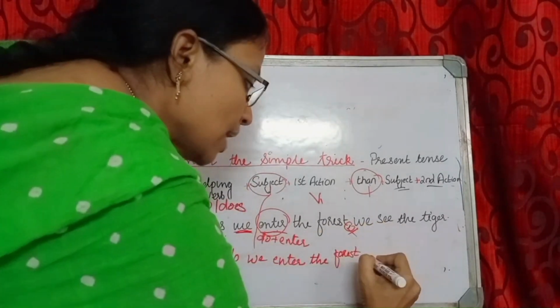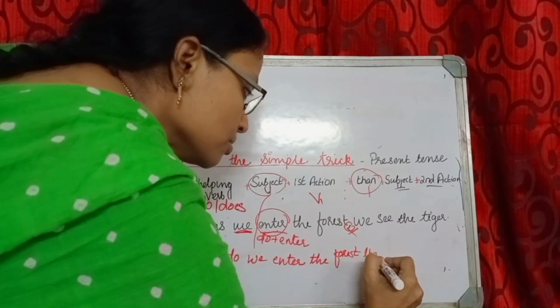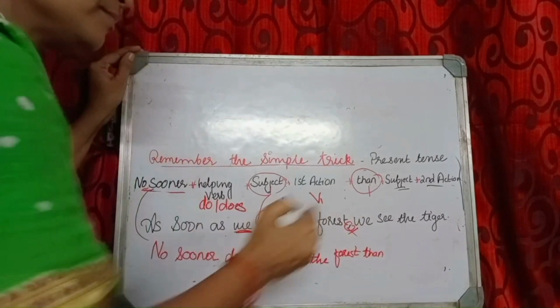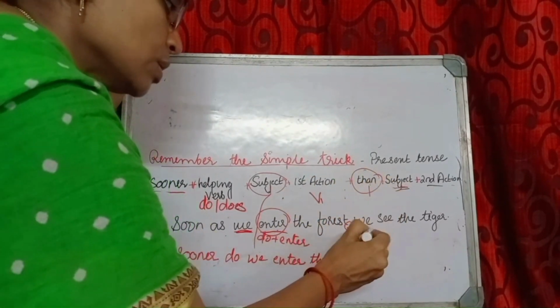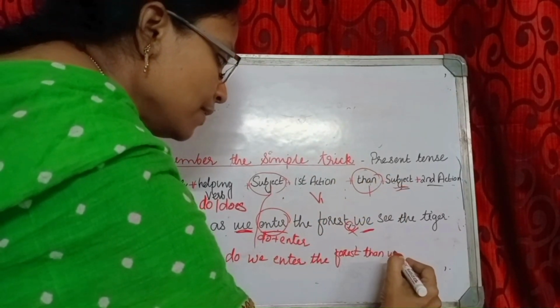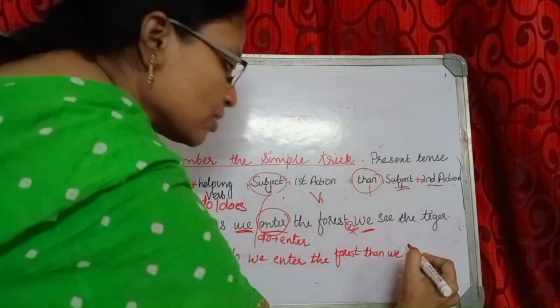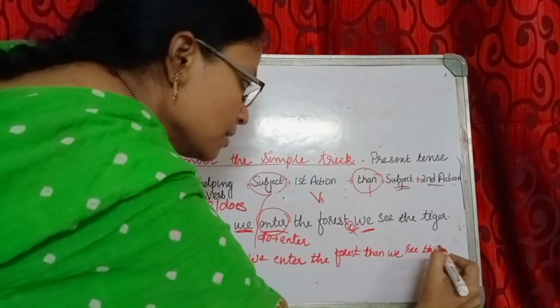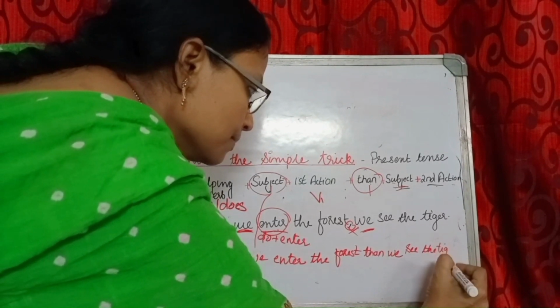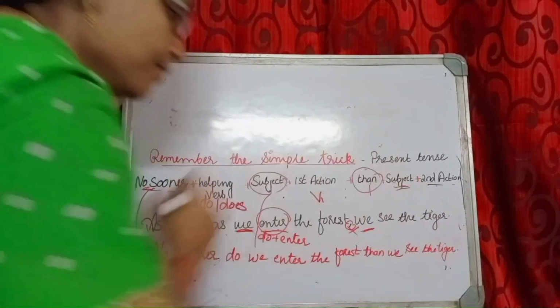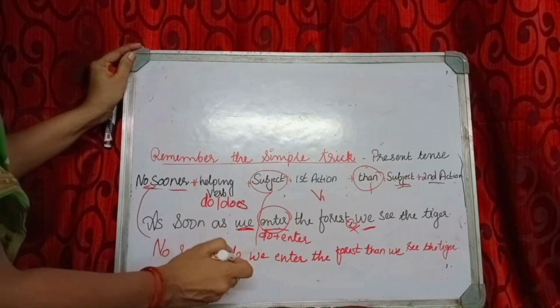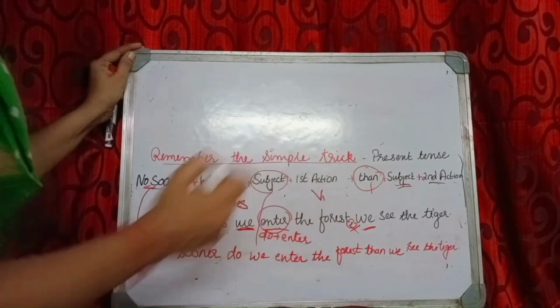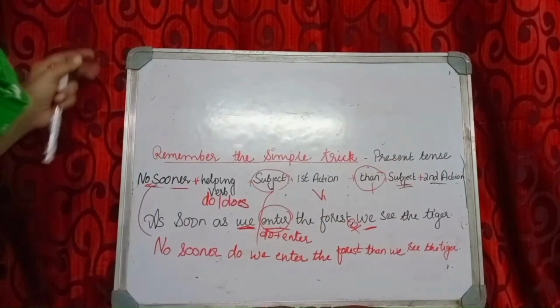"Than", T-H-A-N, "than". Now the subject is "we". The second action is "see the tiger". "No sooner do we enter the forest than we see the tiger."